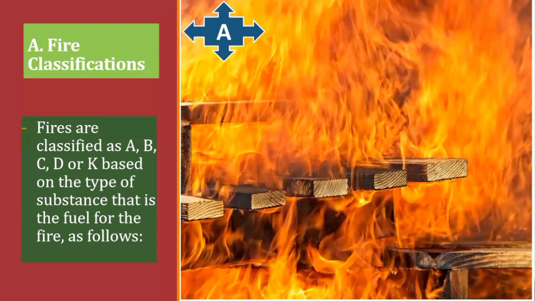However, in cases that nearby the class A fire, or nearby the object that is on fire, there are electrical wires, you have to be very careful about using water.